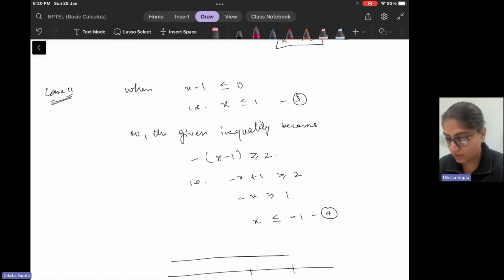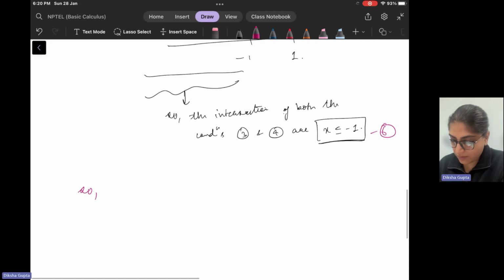And in case 2 both the conditions 3 and 4 we want to be satisfied, so we are taking the intersection. But now we have to combine both of the cases. Two cases mean that x can belong to either case 1 or case 2, which means we have to take the union.